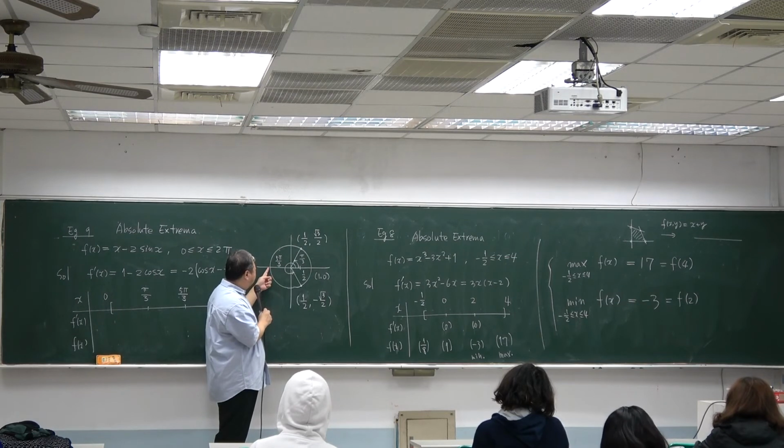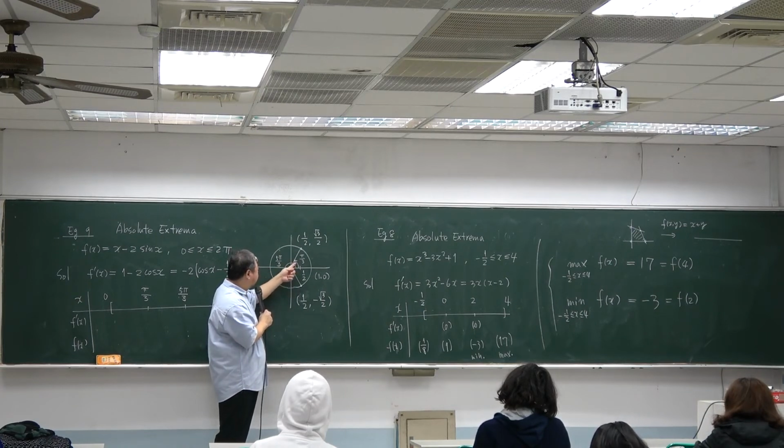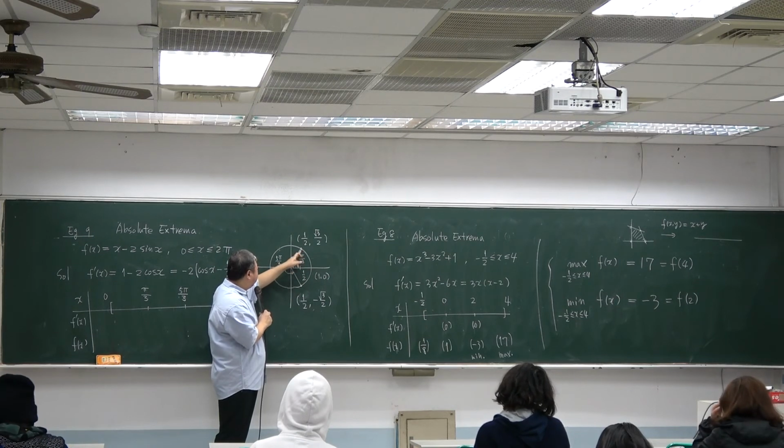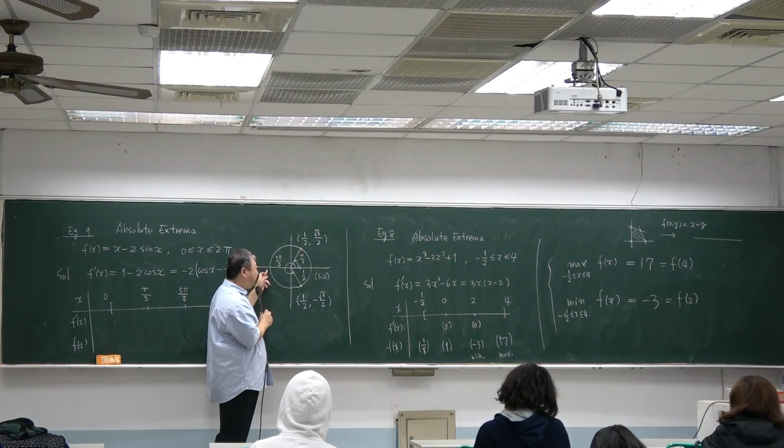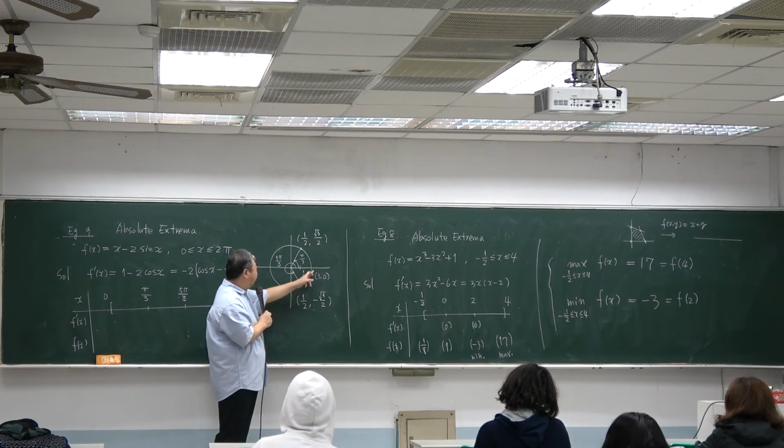This is pi, equivalently 180 degrees. This is 60 degrees. Pi over 3, 2 pi over 3, 3 pi over 3, 4 pi over 3, 5 pi over 3, 6 pi over 3 means 2 pi.